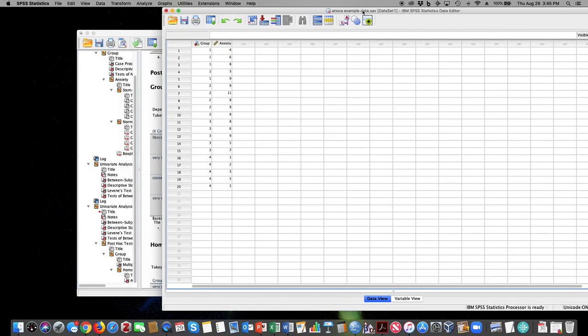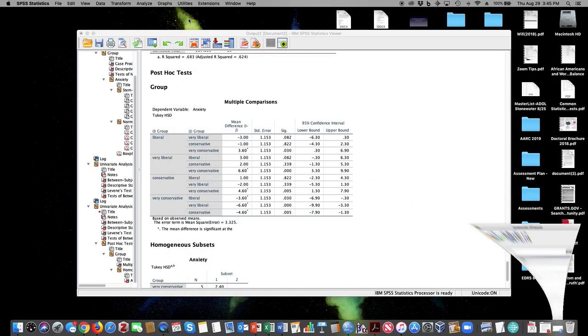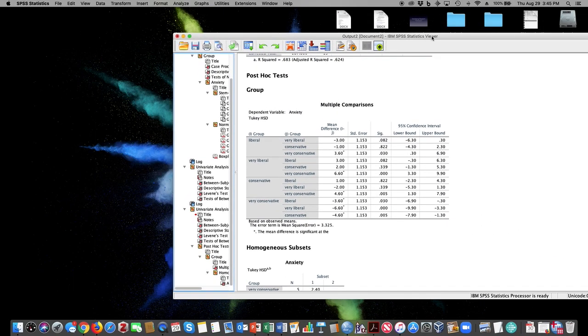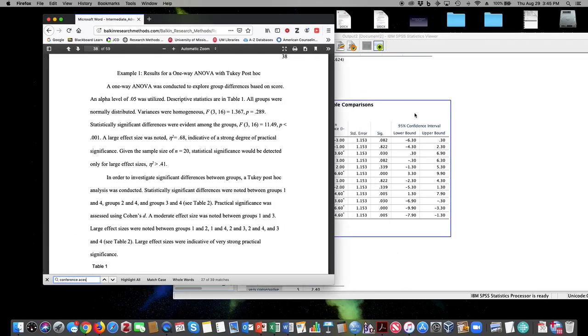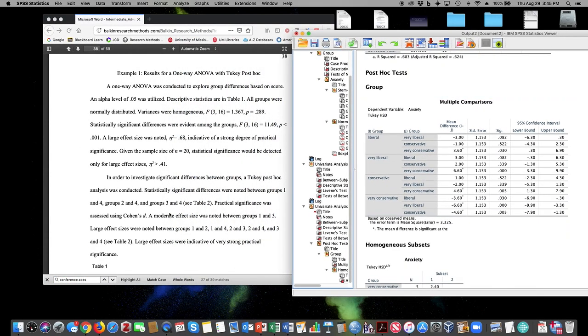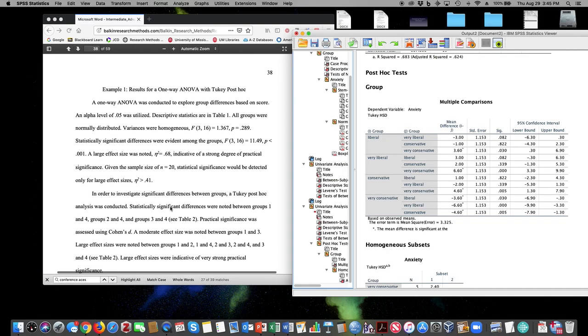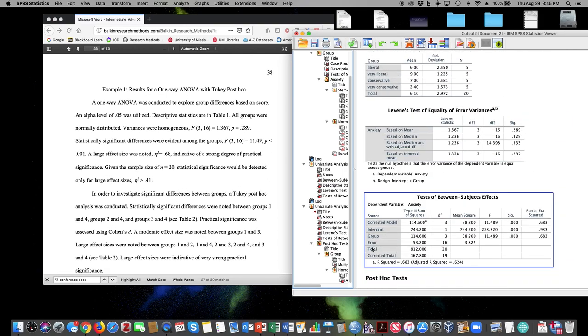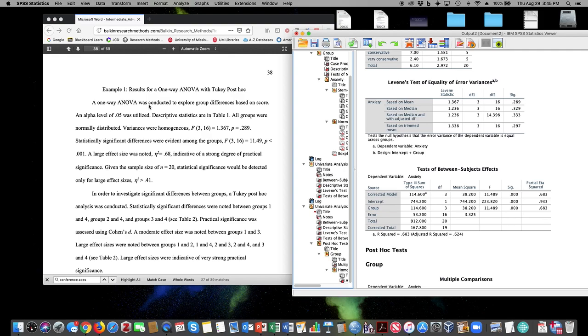So when it comes time to write up my results, we can begin to see where the numbers come from. And so I simply state a one-way analysis of variance was conducted to explore group differences, maybe political affiliation based on an anxiety score.